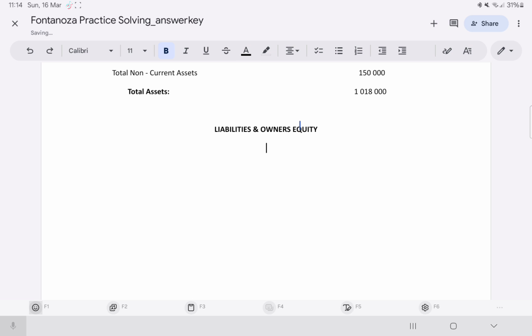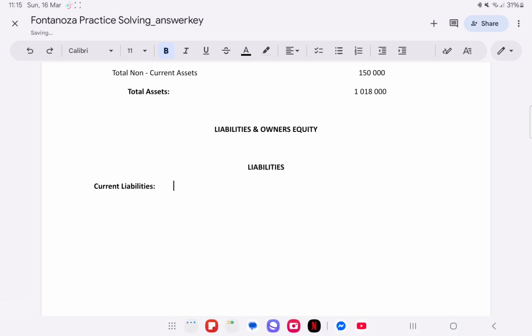So first, we will be computing the liabilities. In liabilities, we have current liabilities.